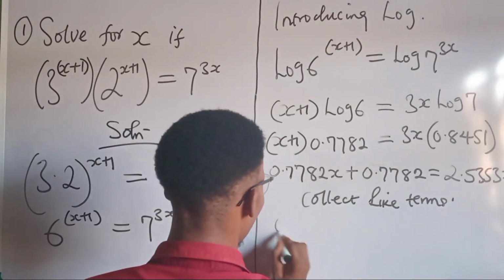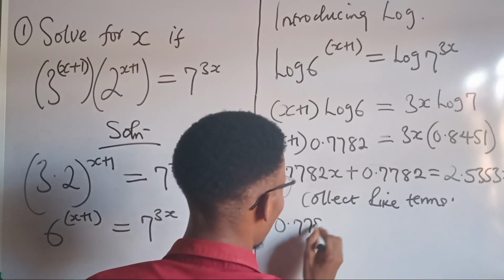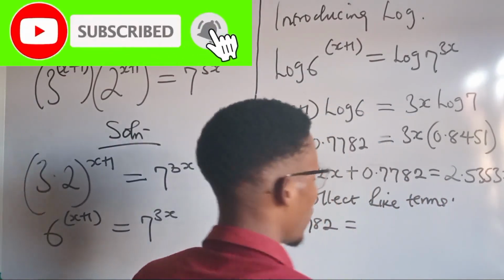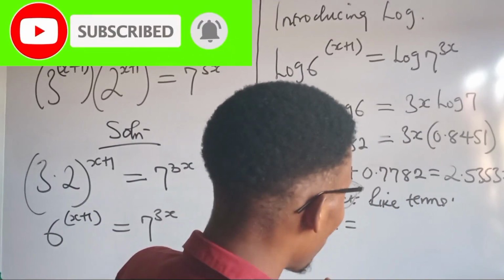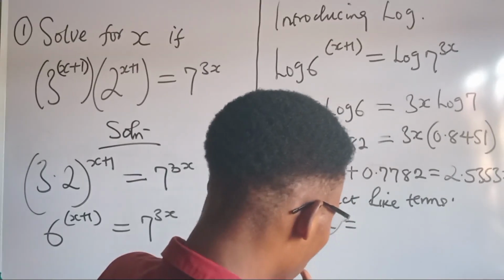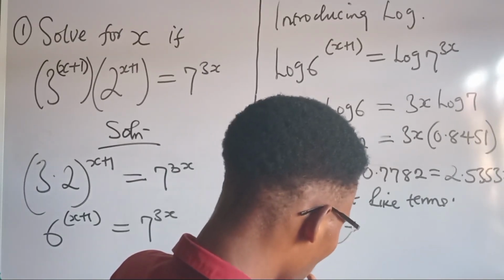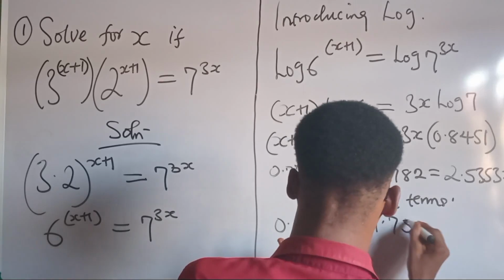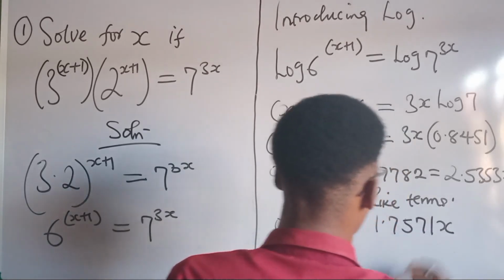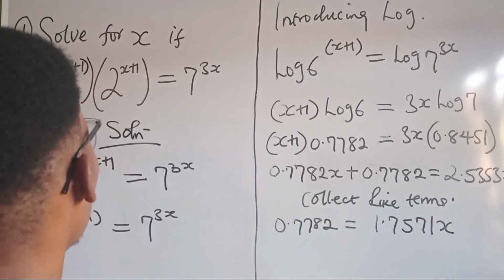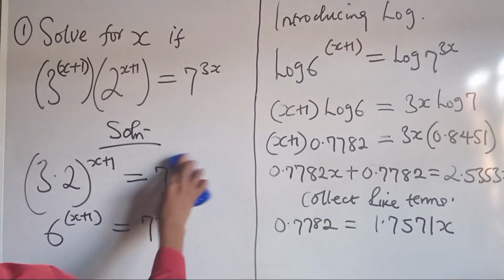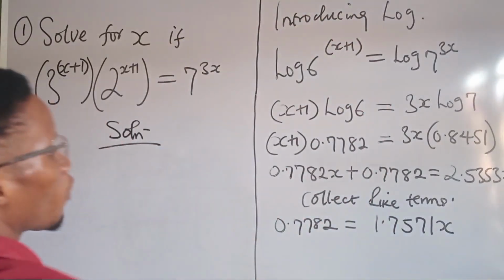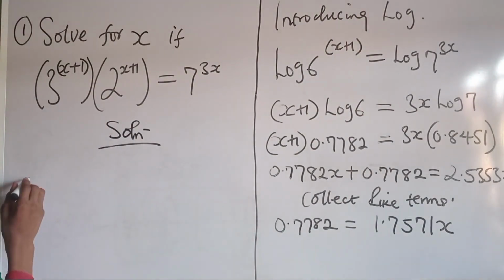If I do that, I'm going to have 0.7782 is equal to, then if this goes to this side, it's going to be minus, and you will say this x minus 0.7782, I'm going to have 1.7571x. For us to get the value of x now, we have to divide both sides of the equation by the coefficient of x, being 1.7571.